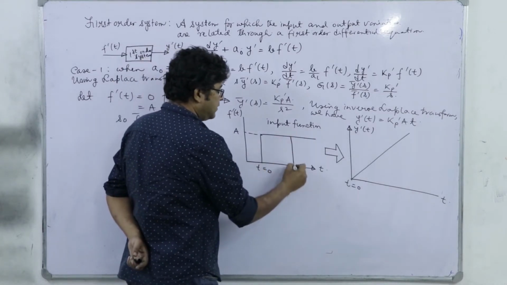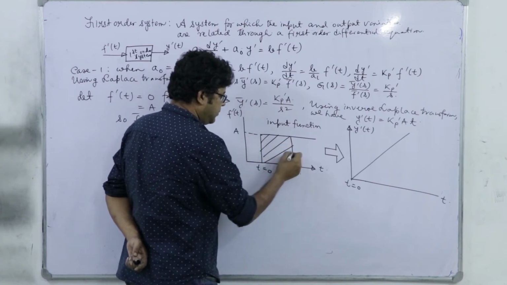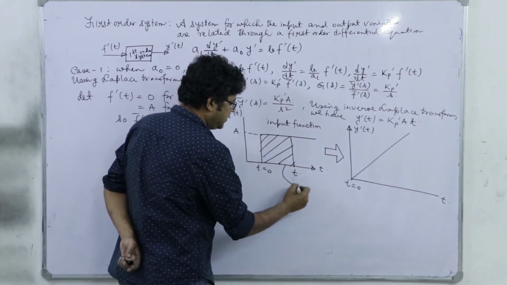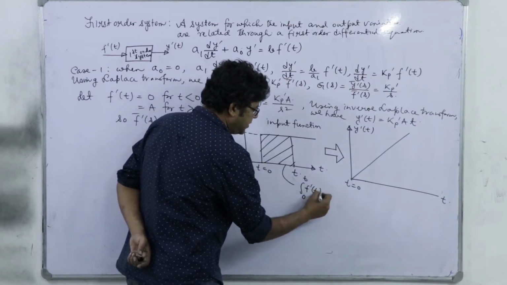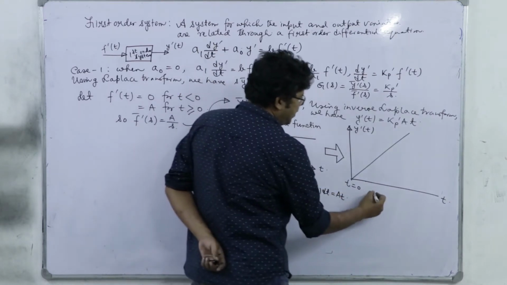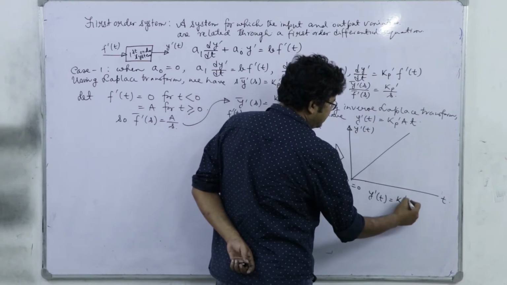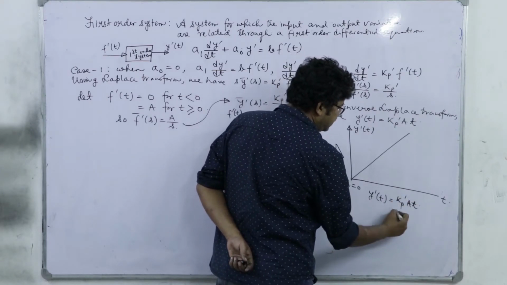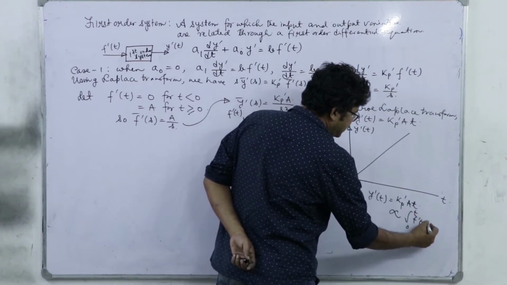Because if we consider a time t, the integrated input variable up to time t, that is integral 0 to t f prime t dt, is a into t, and y prime t is Kp prime a into t. So in a sense it is proportional to integral 0 to t f prime t dt.